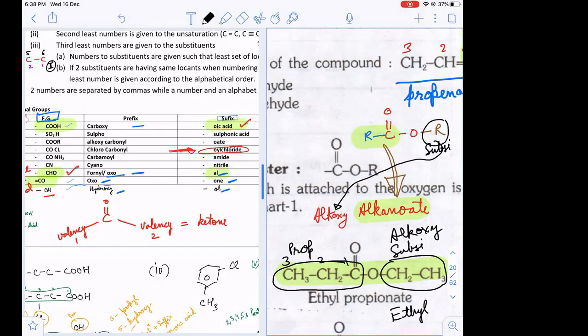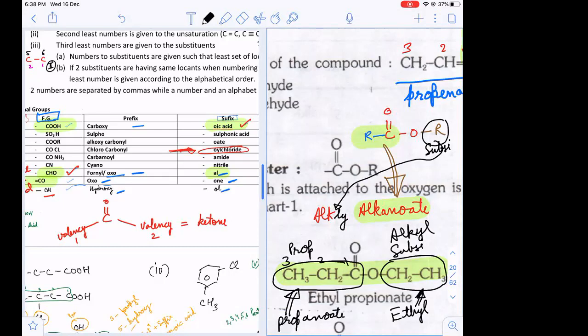Oh, I'm so sorry. This is alkyl alkanoate, not alkoxy. So it will be ethyl from here, and propanoate from here.